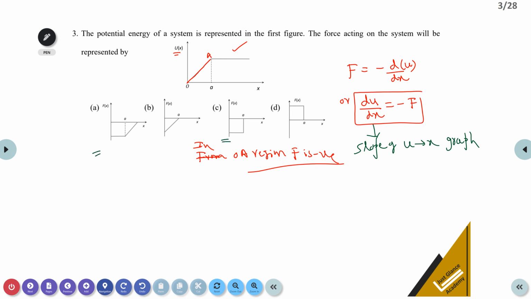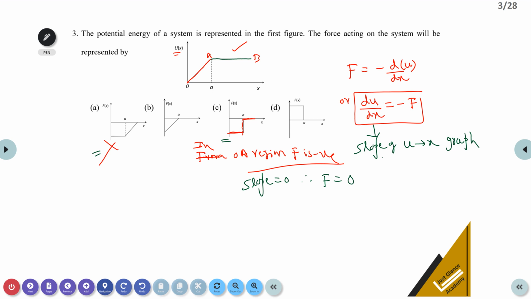Next, in this part, from here to here, the slope equal to 0. Therefore, when slope equal to 0, F equal to 0. So which graph is correct? This is the right graph. From region A to B there is no force here, so this is the correct graph, and this is a wrong graph.